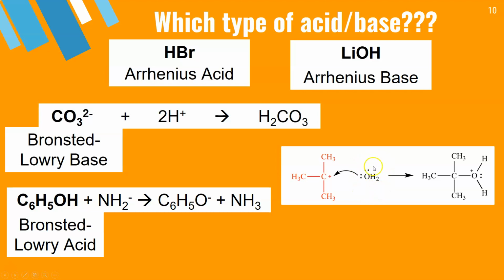The reason they wrote it like this is because they want to show you these lone pairs, and it makes it a lot easier to draw these little structures and show where things are moving when they write it this way. Yes, that's very strange to do it that way, but you do see that sometimes for this chapter. Which of these is the Lewis acid, and which of these is the Lewis base?